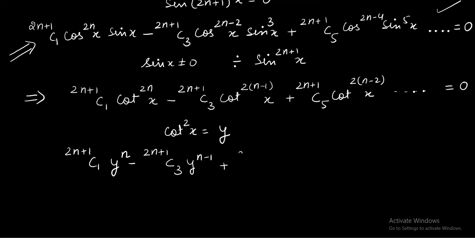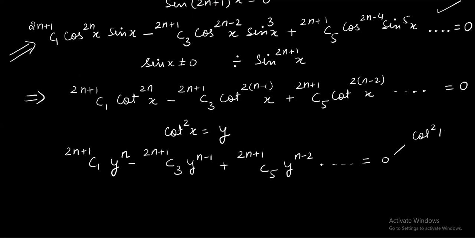The third term similarly can be written as (2n+1)C5 y^(n-2), and so on equals 0. The equation that we have written is of degree n. And what are the roots of this equation? Obviously, the roots of this equation are going to be in the form of cot square, but cot square of those angles which we have assumed as the roots of equation 1.